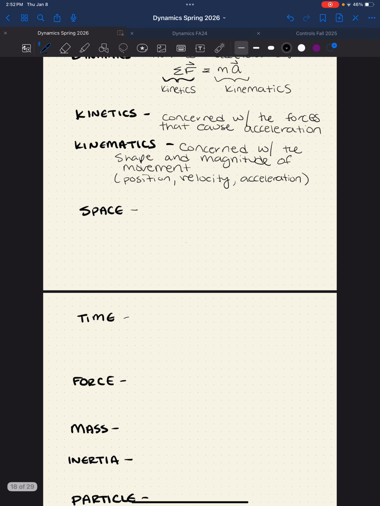All right, and then we started talking about this idea of space, and we said that space in this class is going to refer to the environment within which objects move. And in the physical world that we occupy, we most often talk about movement in 3 dimensions.